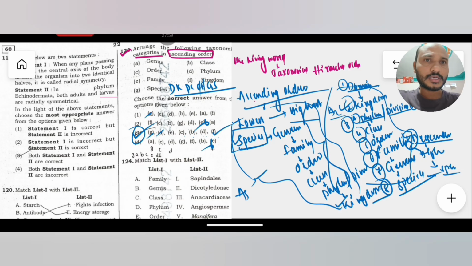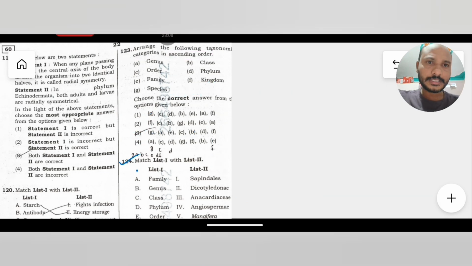Then we move on to another MCQ, 124, which is also a match the following question. Here list 1 gives hierarchical classification orders, and the other list gives them with respect to family. These questions are framed from the living world, completely from the mango classification.